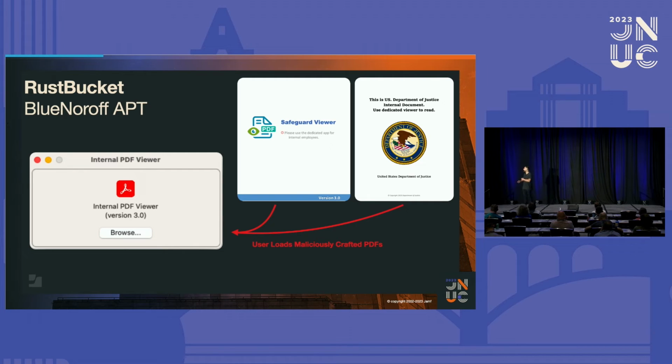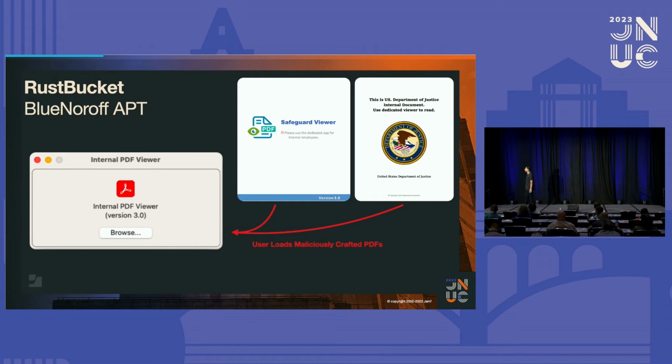So we decided to look a little bit further, hunting on VirusTotal. And we found these PDF documents, actually several of them. You can also see that the version on this application matches the version on the PDF to the left. It's kind of hard to see, but this Safeguard Viewer PDF is a one-page PDF that says, please use the dedicated app for internal employees to view this PDF.